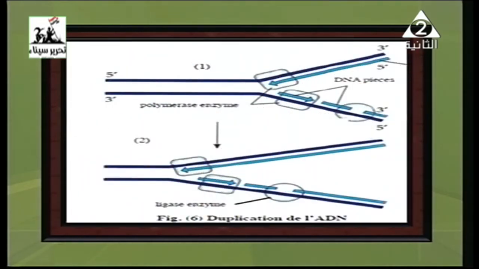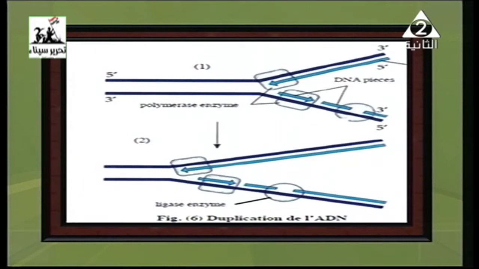Here we have a picture showing the different types of enzymes, like polymerase and ligase, as we studied them. We have polymerase and helicase, and each one has its own function: one separates the two strands of DNA, and one brings the missing nucleotides to make the template, or the complementary side of the DNA.